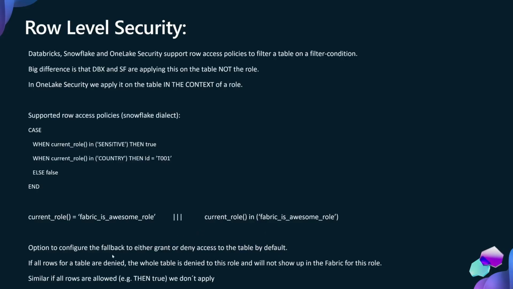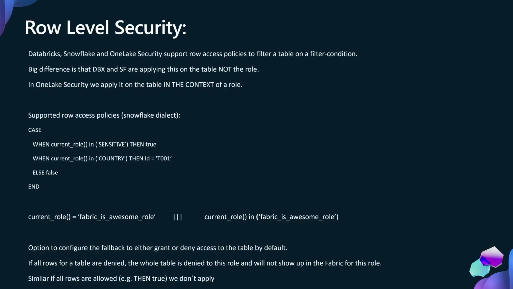Here you also have the option to set a fallback. If you have some kind of complex access policy, we will do our best to interpret it, but if we can't do a good interpretation, it will fall back to the configured value.